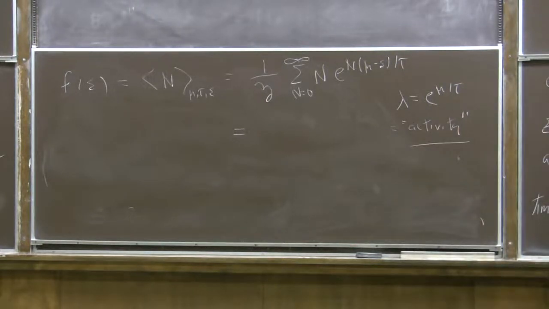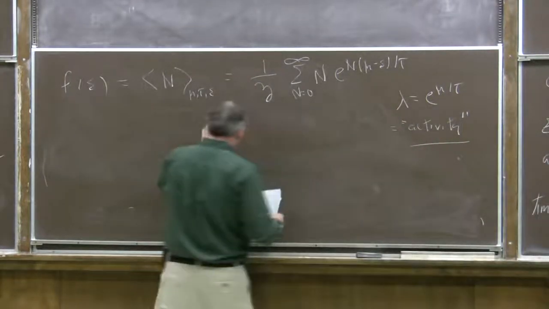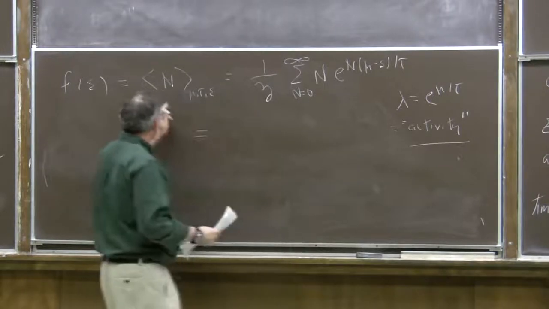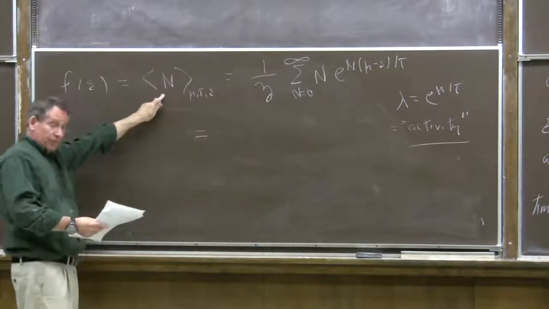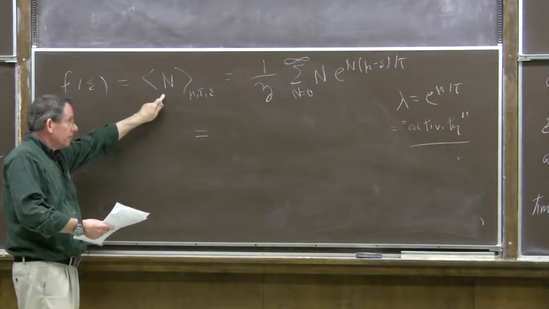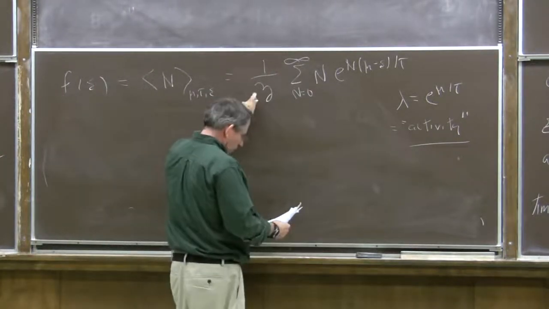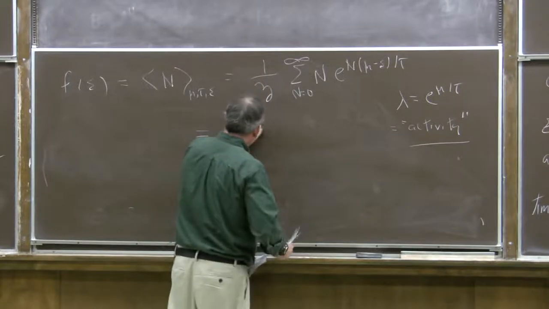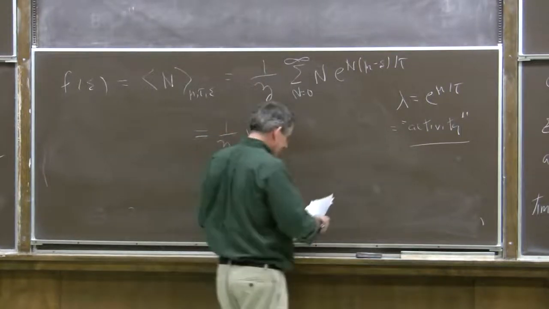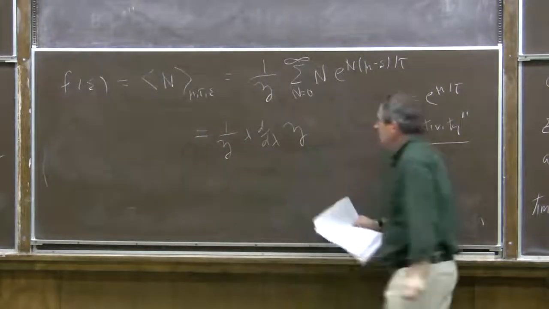If we differentiate with respect to lambda, we bring down a power of n. If we differentiate under the sum, the Gibbs sum z, so I can write the expected number of particles in the orbital as 1 over z, from this normalizing 1 over z, and then lambda d d lambda of z.